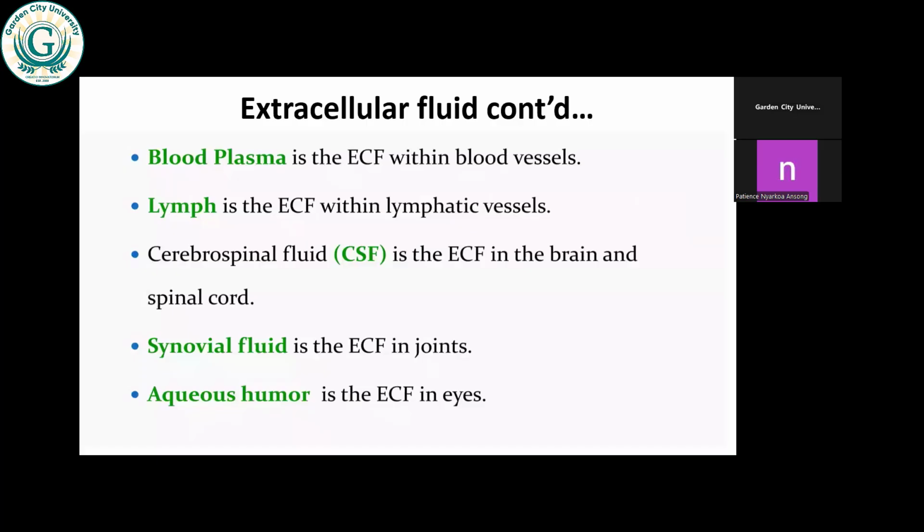Examples are the lymph found within the lymphatic vessels, the cerebrospinal fluid found within the brain and spinal cord, the synovial fluid found in joints between bones, and the aqueous humor found within the eye. All these fluids form the transcellular fluid compartment.